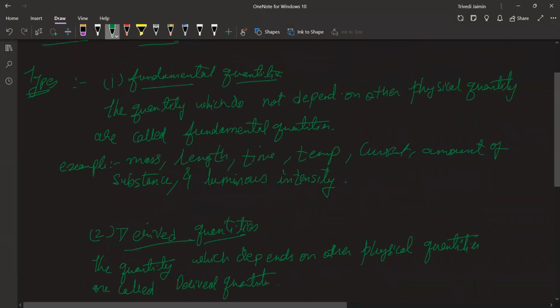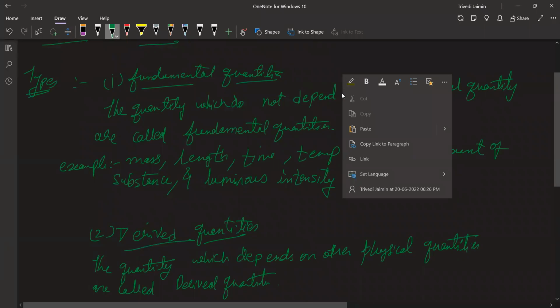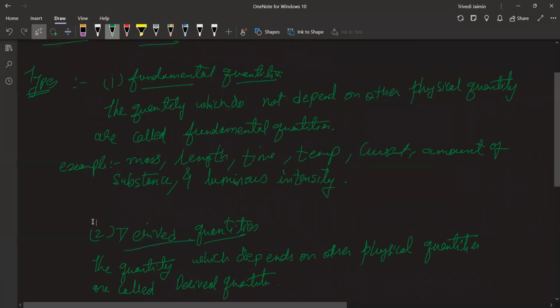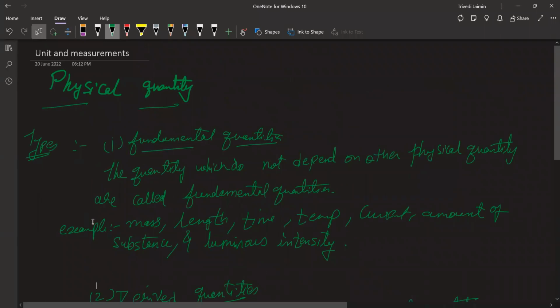So by this, can we make a common definition or a common term? What we wrote, they are physical quantities. Now, what are physical quantities?